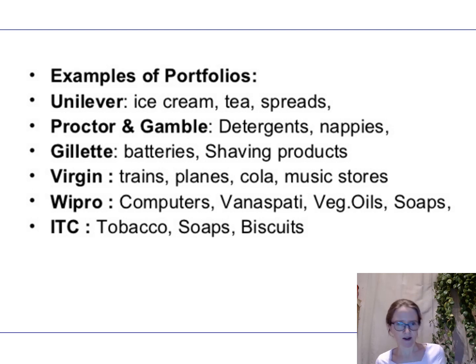An organisation like Virgin operates in public transport, such as trains and planes, but also Coca-Cola and music stores. Companies such as Wipro offer computers, vegetable oils and soaps, and ITC offers tobacco, soaps and biscuits. So we can see that some of these portfolios are extremely far-reaching.